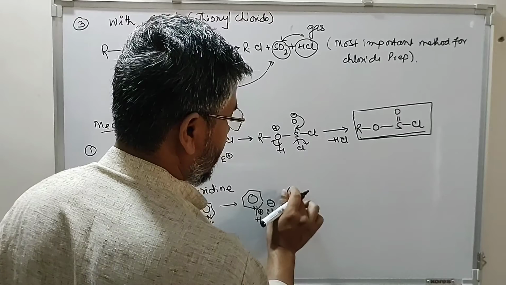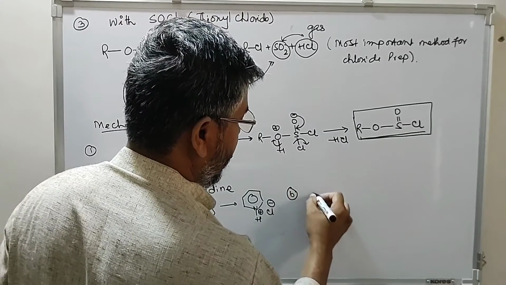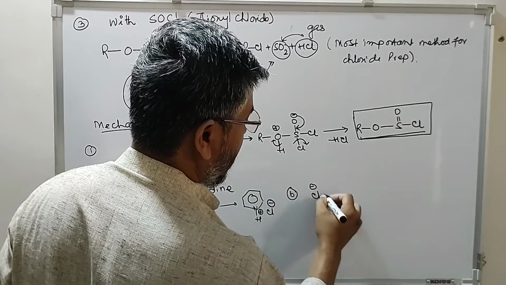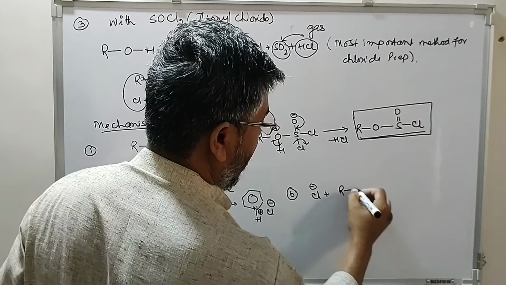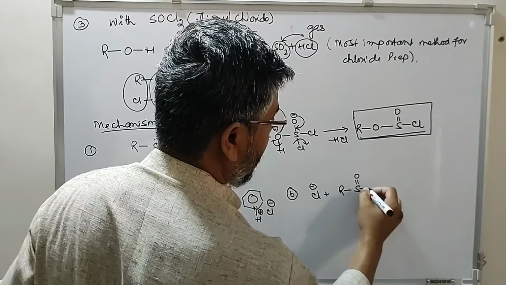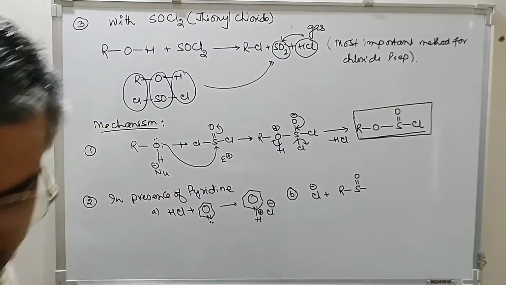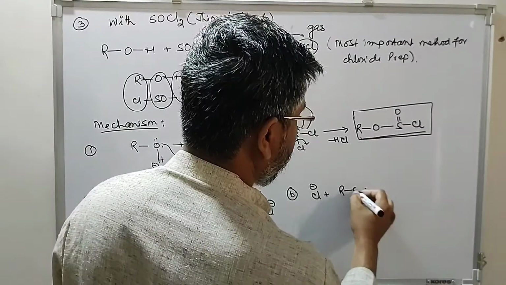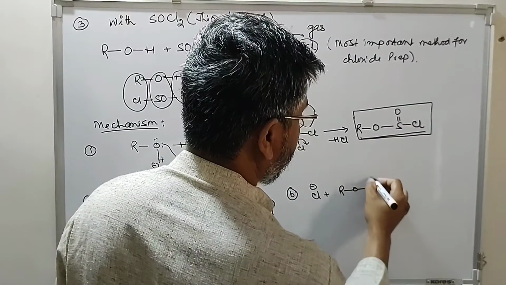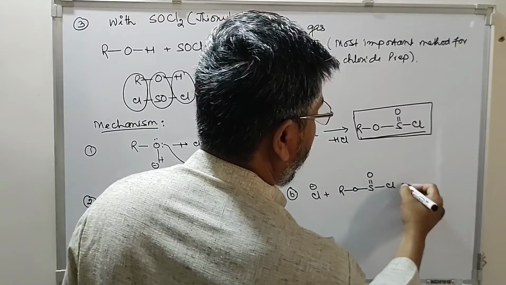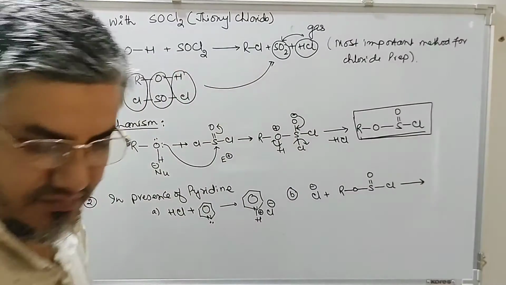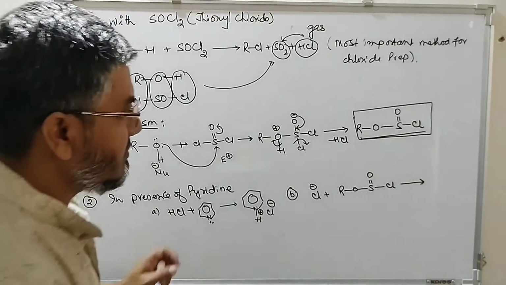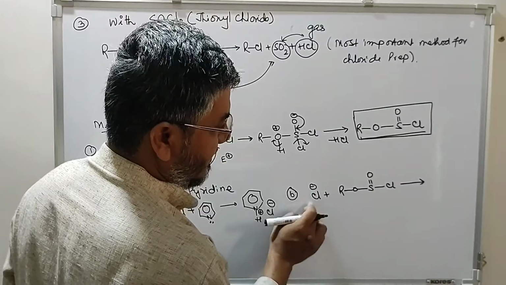Look at this. This Cl minus reacts with R-H double bond O, sorry. And this Cl minus is attacking from the rear side of the leaving group. This is the leaving group and this is the attacking group.